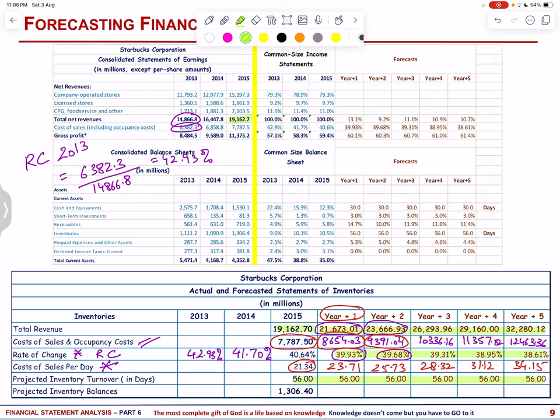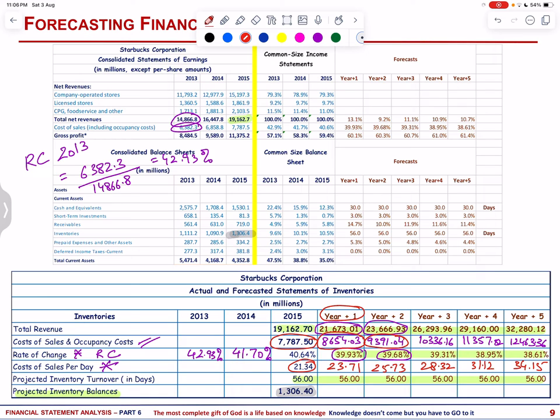Now once we have done that, we can calculate the projected inventory balance. Before we go for that, I can emphasize that the 1306 is simply picked up from the balance sheet for the year 2015. We don't forecast that.